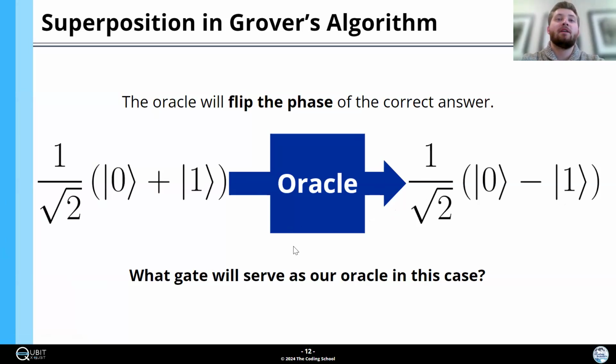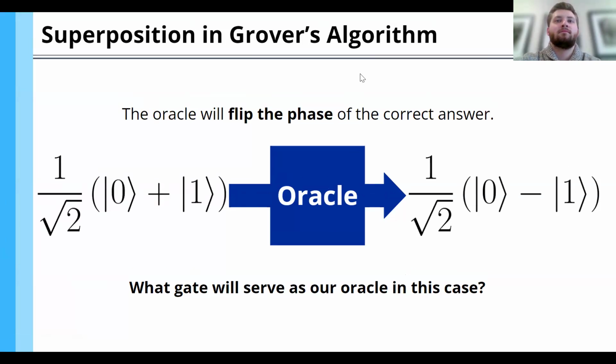So here, what gate is going to be serving as our oracle operator for this specific case? We're flipping the phase of our correct answer. Any guesses on what gate flips the phase of the qubit?